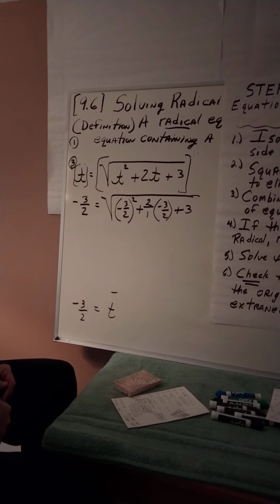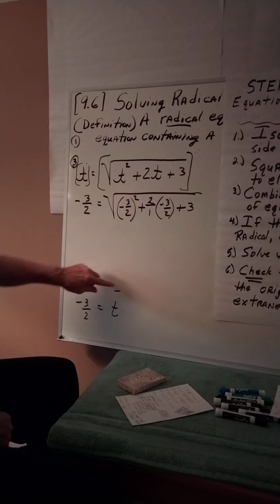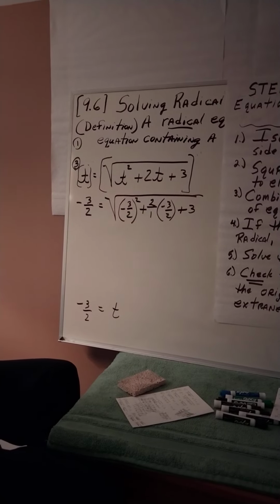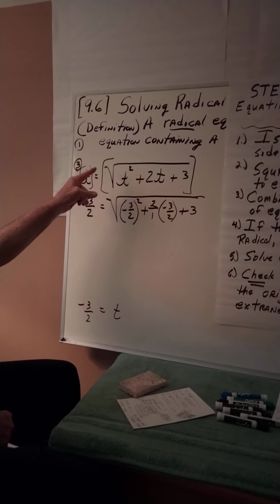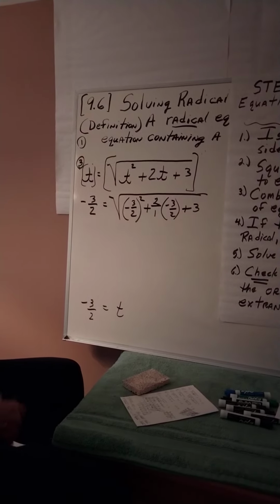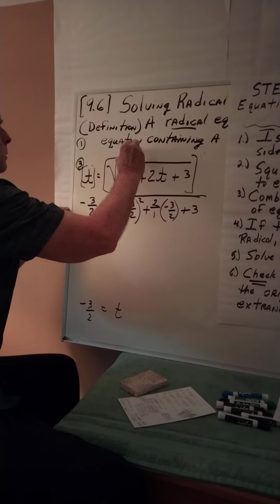Now, folks, I'm going to share something with you because it can avoid some work, especially on this one. I'm going to take you back to the very beginning of chapter 9 when we were talking about this symbol.